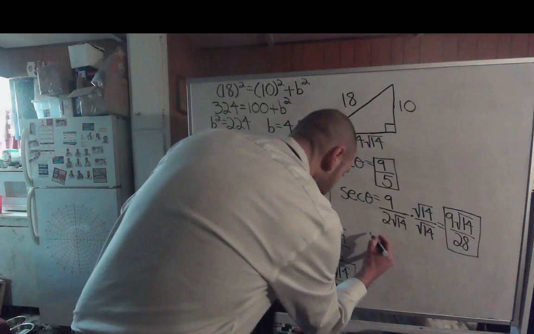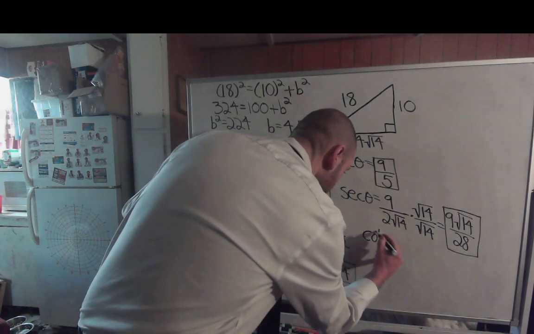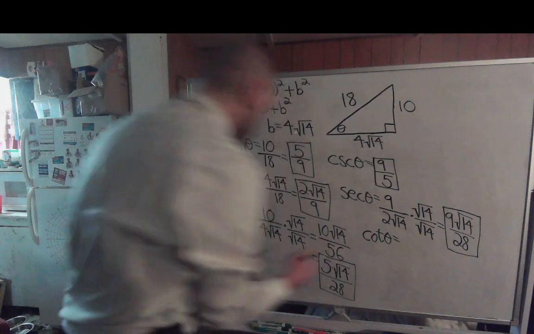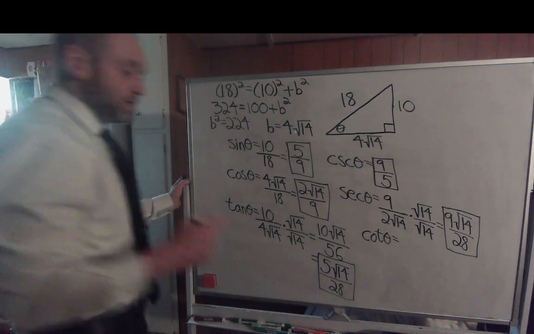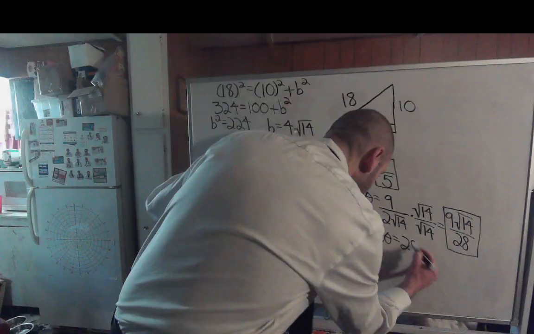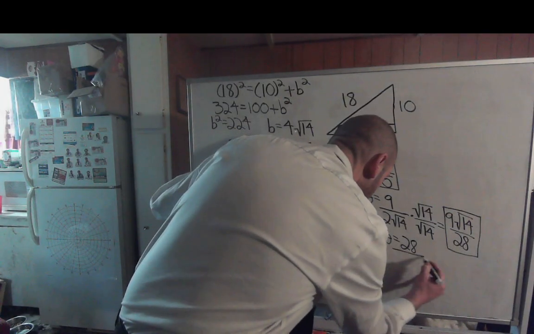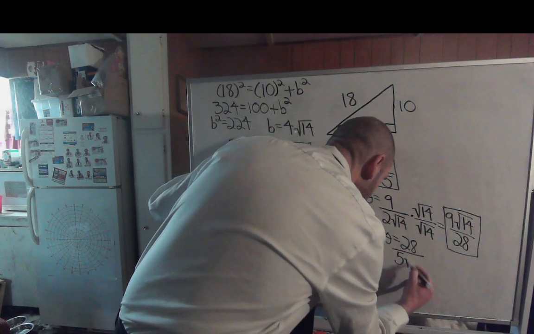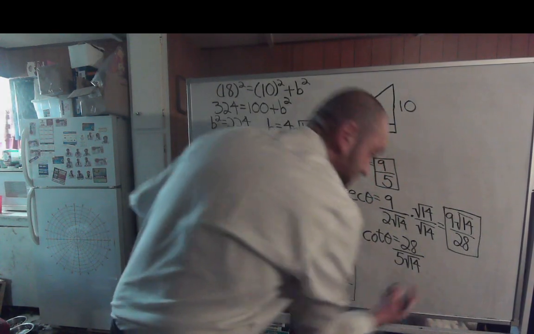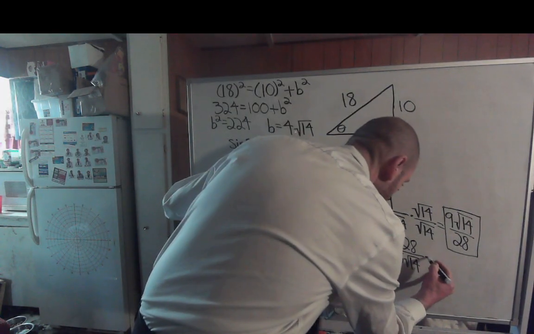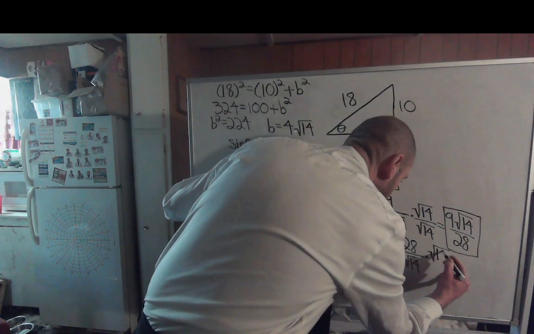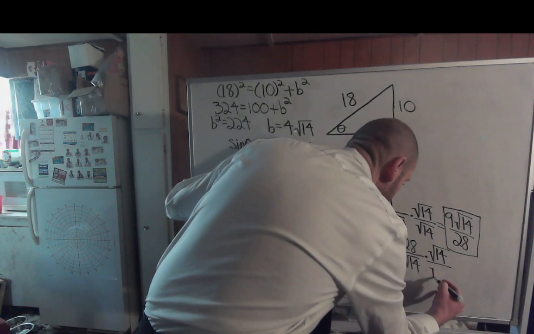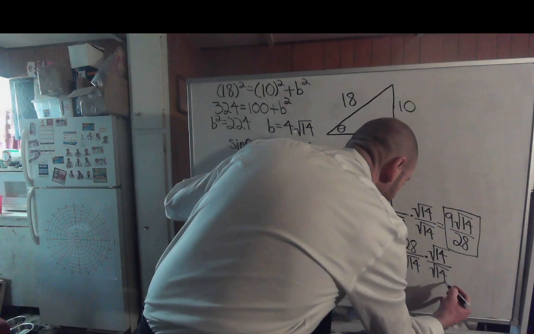Which means now we can find the cotangent of theta, since that's the reciprocal of your tangent. So this would turn into 28 over 5 times the square root of 14. Now let's rationalize that denominator. So this would be times the square root of 14 all over the square root of 14.